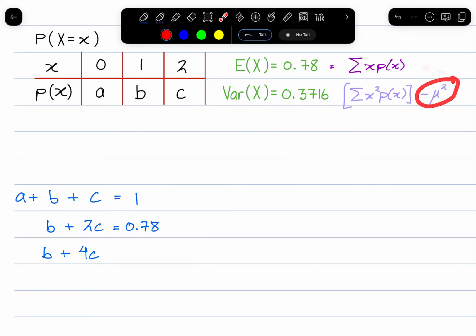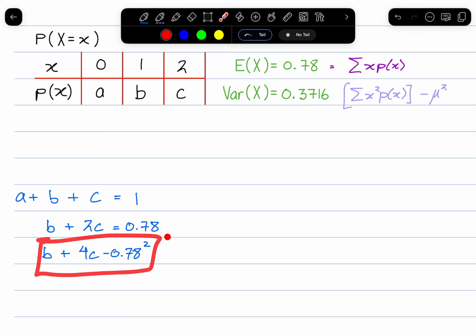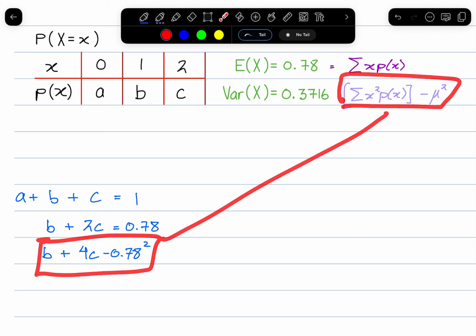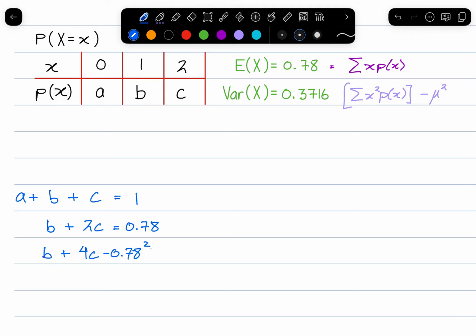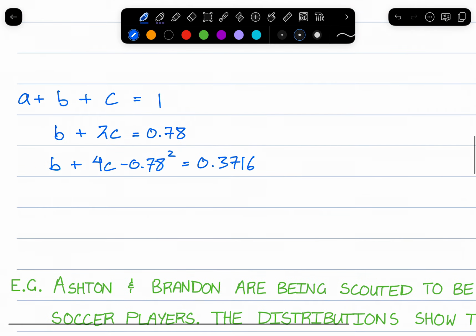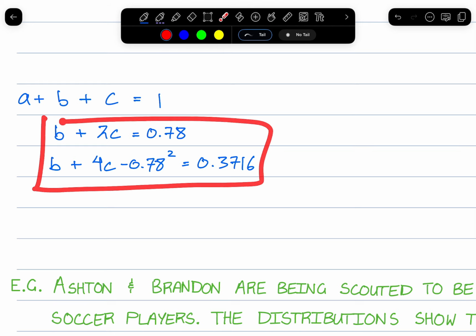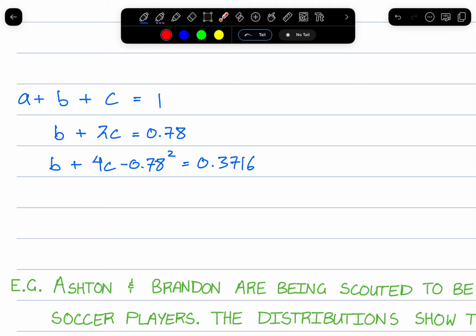We now need to subtract 0.78 squared. Now this is the formula. This should now equal 0.3716. And if you look very closely, these two, there's enough information to actually solve for B or C.